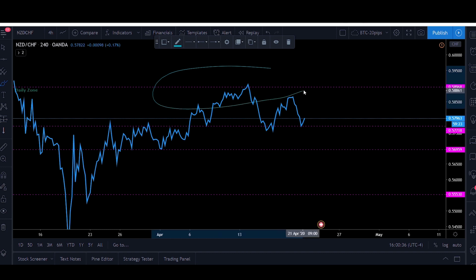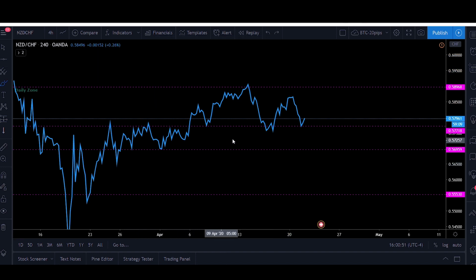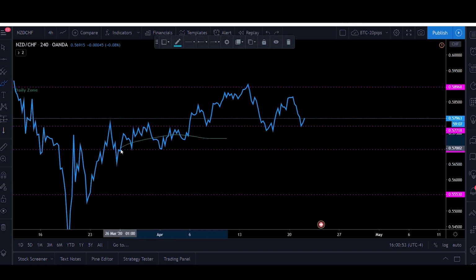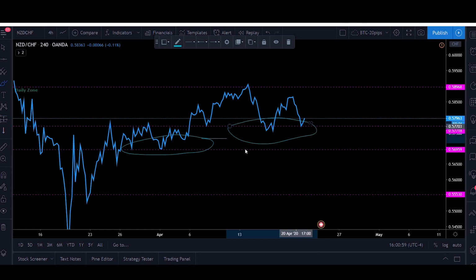This is resistance right here because price has not gone above this line. Understand? This is support. This is the floor. So think of resistance as the ceiling and support as the floor, okay?